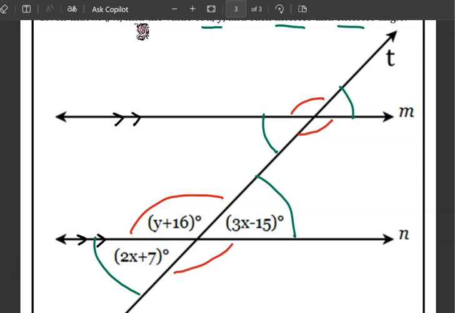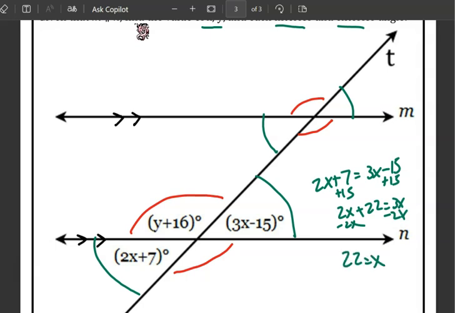Let's solve for x first. 2x plus 7 equals 3x minus 15. Add 15 to each side. Subtract 2x from each side. x equals 22.